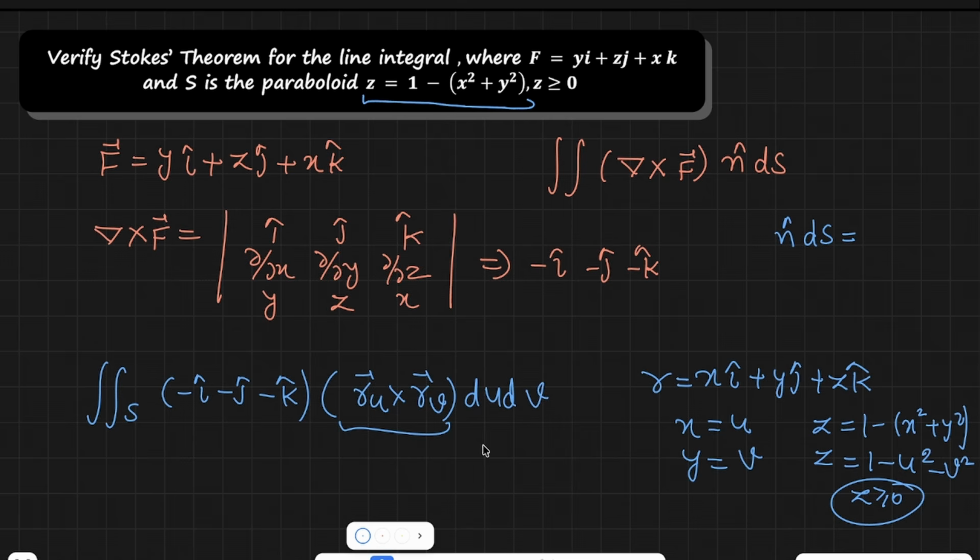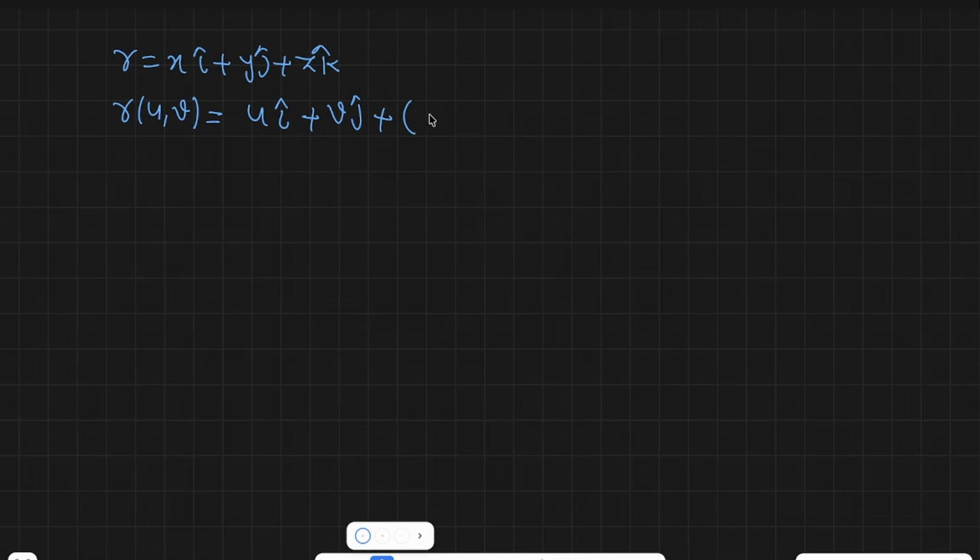So in this case, I will simply find out the values of the r vector. Here r is going to be x i cap plus y j cap plus z k cap. Put the values in terms of u, v. So it is u i cap plus v j cap, and z is nothing but 1 minus u square minus v square k cap.